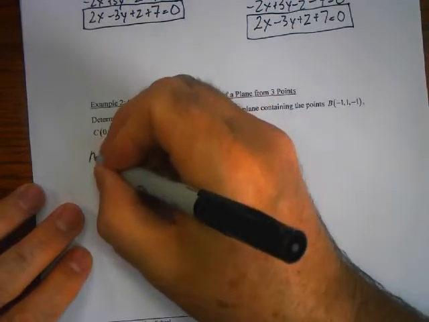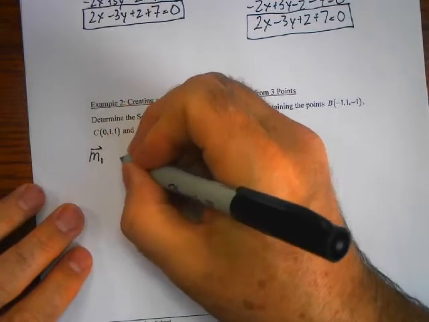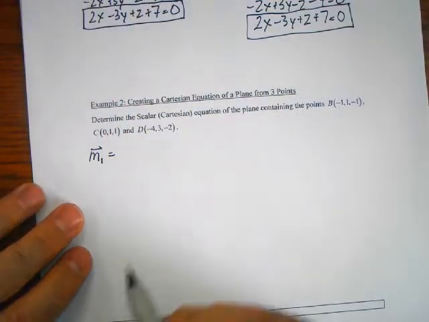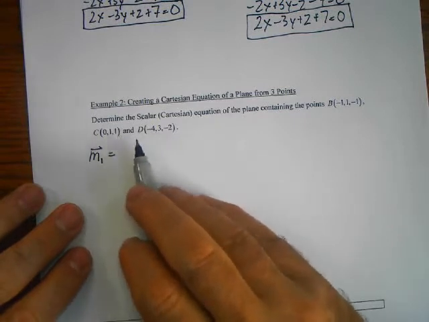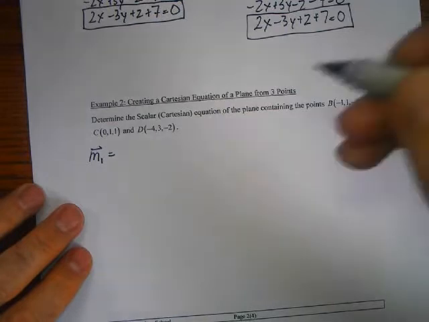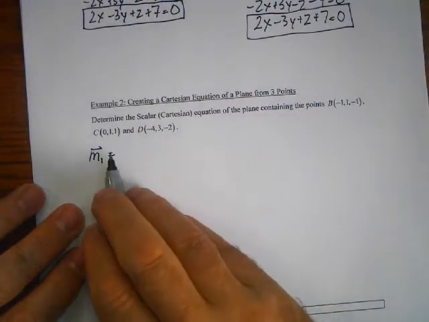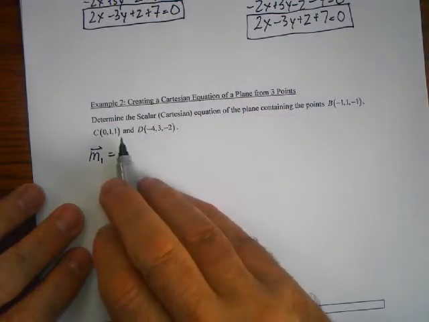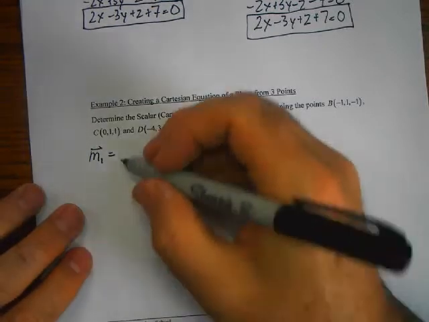So I'm just going to create 2 direction vectors. So it's basically subtracting the coordinates here to get the direction vectors.